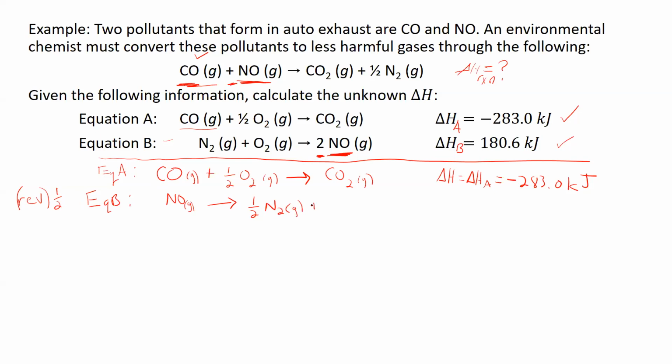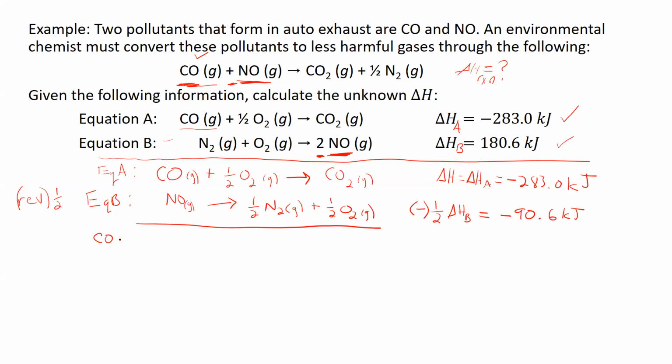Okay, so when I now have this particular reaction, because I've reversed the reaction, negative 1/2 of the delta HB is really the delta H for this particular reaction. And so for that, I should just get negative 90.6 kilojoules. Okay.